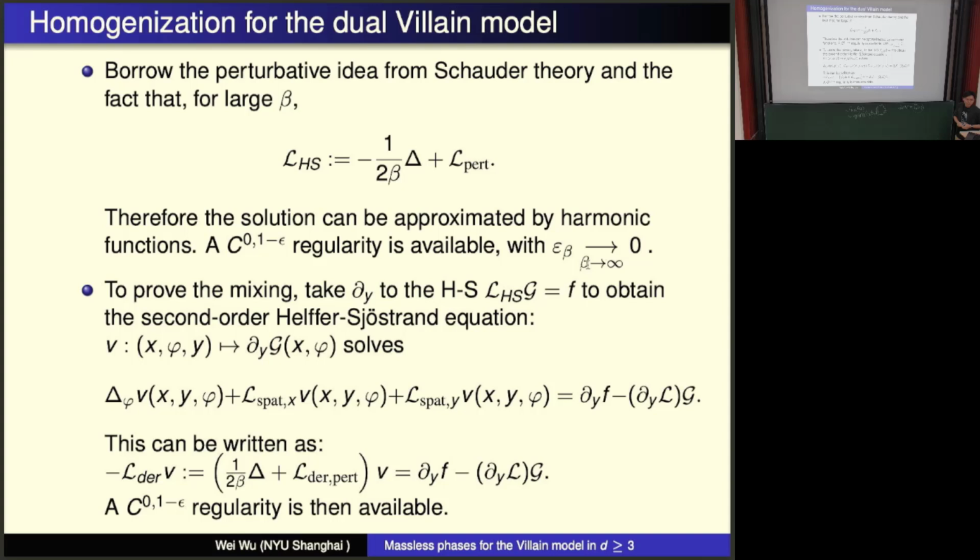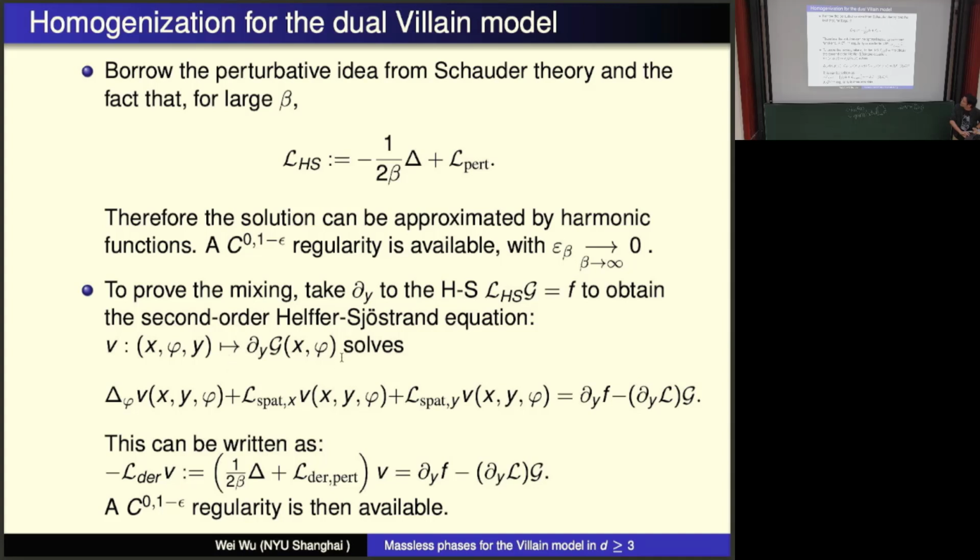Now, in order to show the mixing, we can start with the Helffer-Sjöstrand PDE. Then we take the partial derivative with respect to the field. And then we look at this new quantity, which is the partial y of the Helffer-Sjöstrand Green's function.